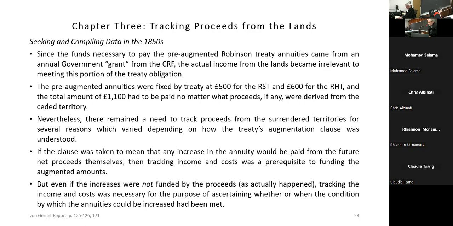They were fixed by treaty, and that total amount had to be paid no matter what. If the lands produced nothing, the Crown still had to pay that amount. So that was a solemn treaty obligation, much like that $26,000 for the earlier treaty obligations. This had to be paid every year.